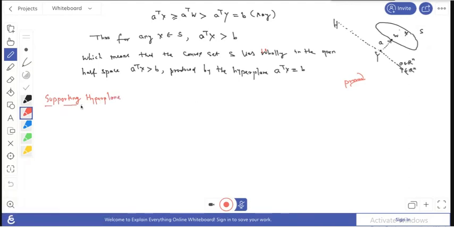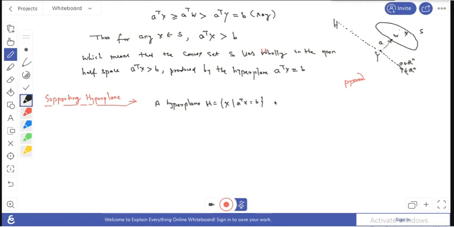Basically, if we take some non-empty convex set, okay, we define here any hyperplane H. If we take H, this is the collection of all X such that A transpose X equals B. You know what the hyperplane formula is.